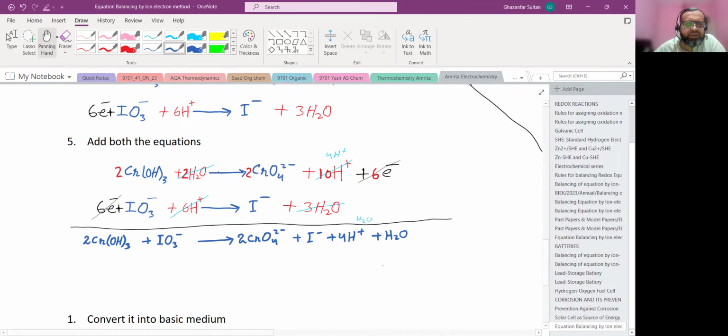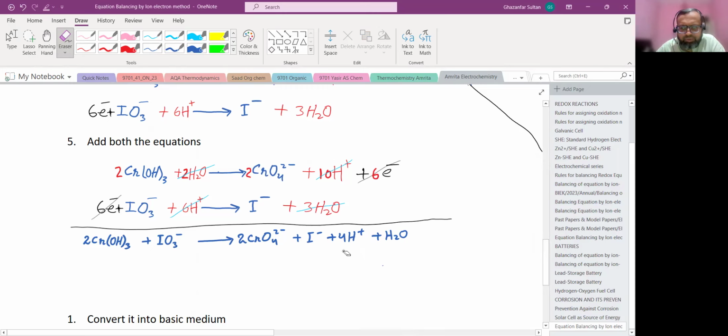So in this way, we have balanced this equation, and you can remove this pencil work. Okay. So in this way, we have balanced the equation according to acidic medium. But remember that as the equation is in basic medium, we have to convert it into basic medium.